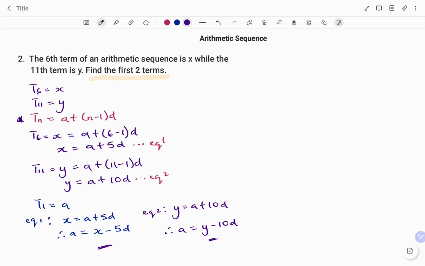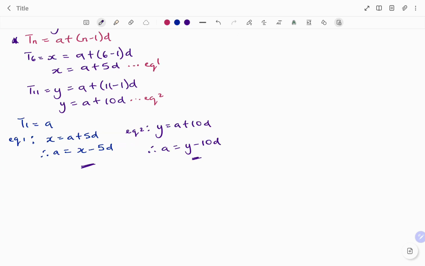So we have two different equations for the value of a, the first term. To find the second term, I'll start by finding the common difference. So common difference d, I'm going to use equation 1 and 2, treating it like a simultaneous equation. Let's have equation 2 minus equation 1.